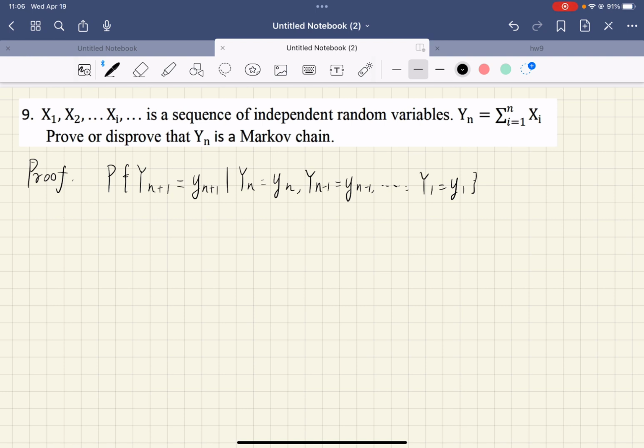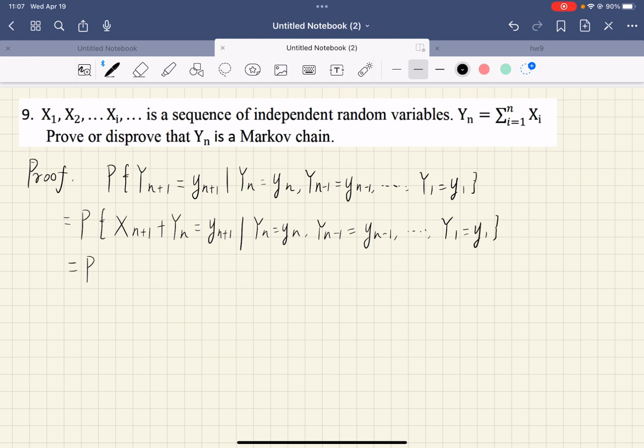Yes, and this should be equal to the probability of capital X n plus 1 plus capital Y n, which is equal to lowercase y n plus 1 based on Y n equals y n, Y n minus 1 equals y n minus 1, and so on, capital Y1 equals y1.